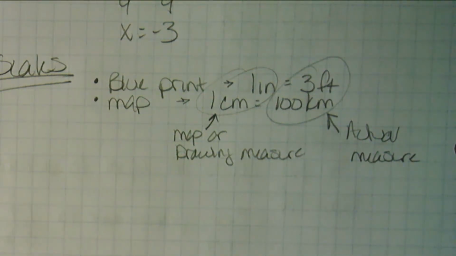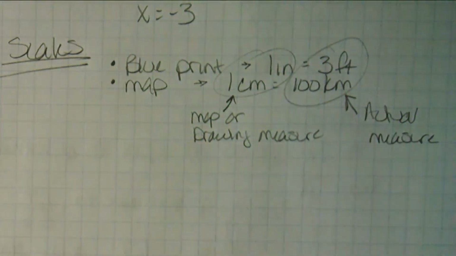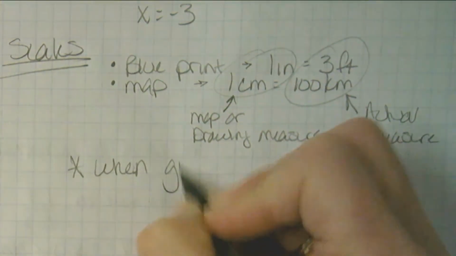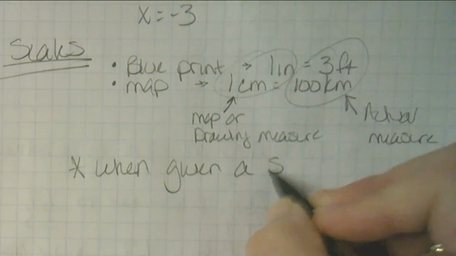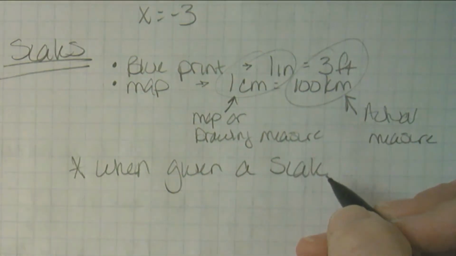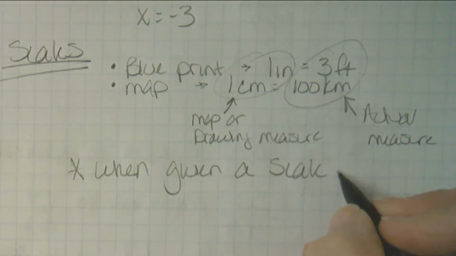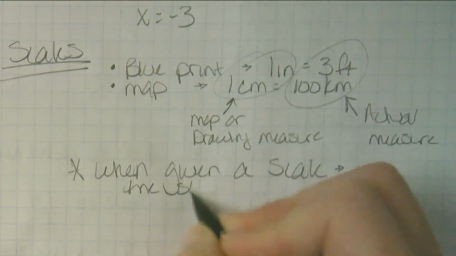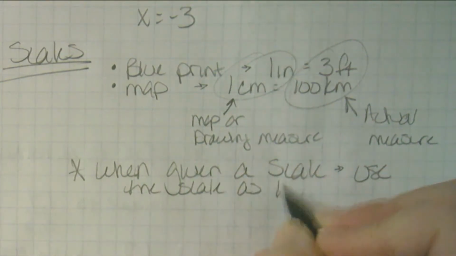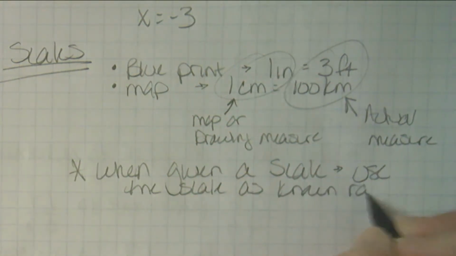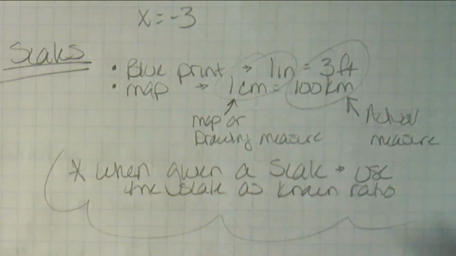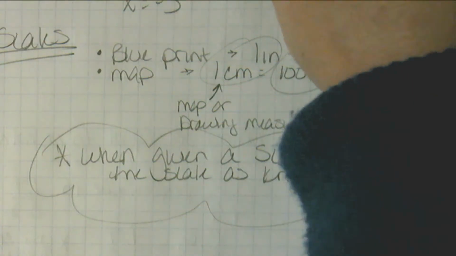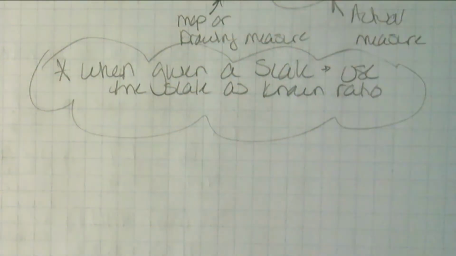Okay. So the other thing I want to point out to you is when given a scale, use the scale as your known ratio. Use your scale as your known ratio. It's going to make life considerably easier if you just write that scale down.